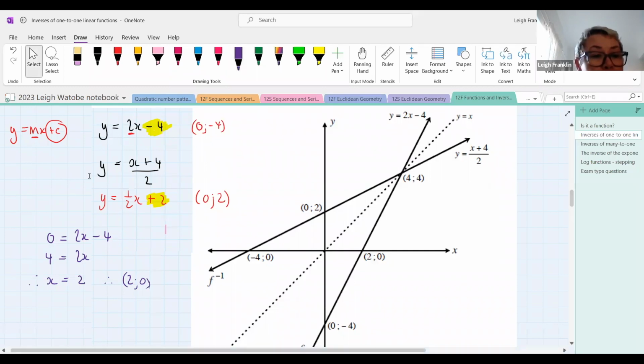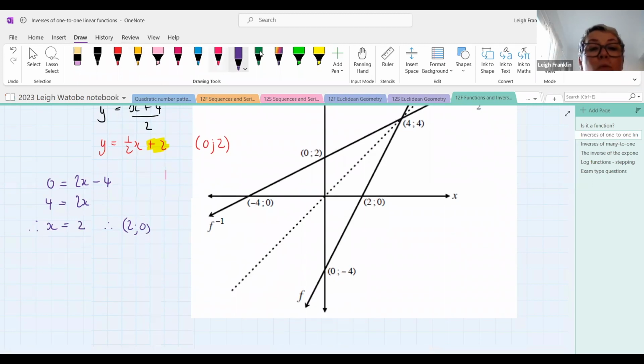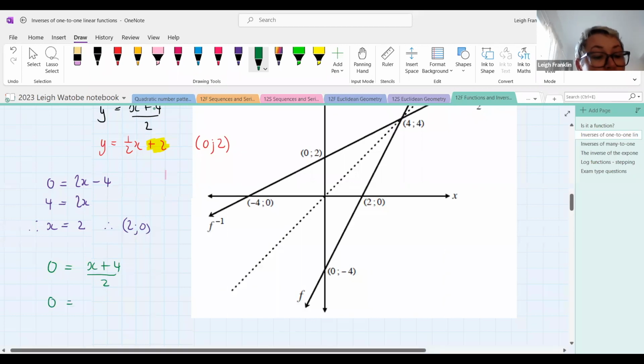Similarly, for the other function, I'm going to make y equal to 0. So I say 0 equals (x plus 4) over 2, or if I work with half x plus 2, it makes no difference. The first thing I want to do is multiply both sides by 2, so we end up with x plus 4.